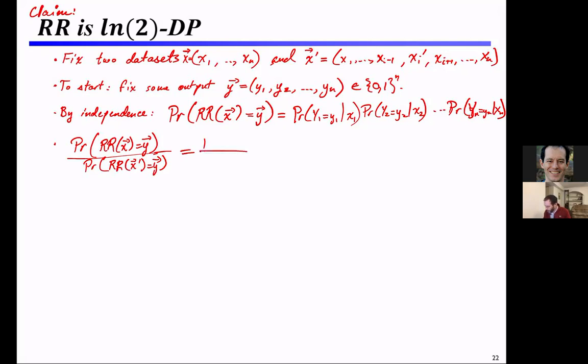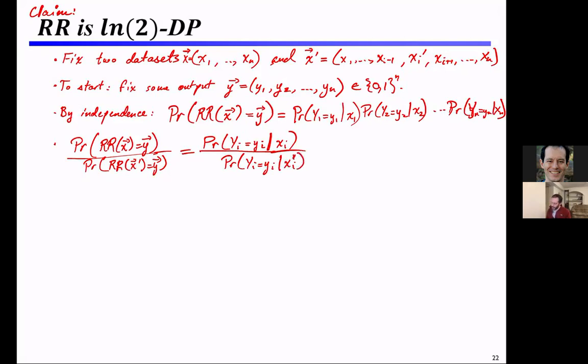Okay, so what's going to happen is if we take this ratio, everything's going to cancel except two of these products. So what's going to be left is the probability that yi was produced in the numerator given xi, and in the denominator given xi prime.